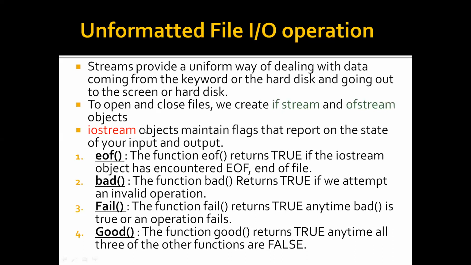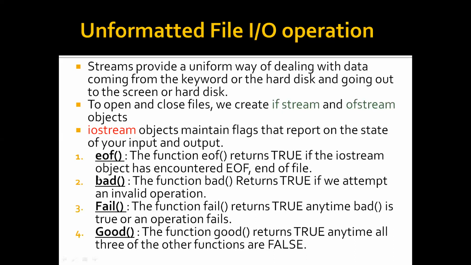Those flags are eof, bad, fail, and good. Suppose in your program you have any problem, these flags will report the state, whether it is at EOF, in a bad condition, failed, or good.